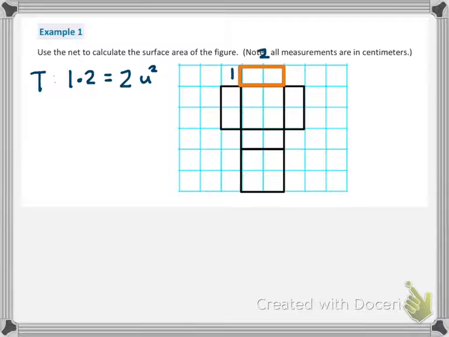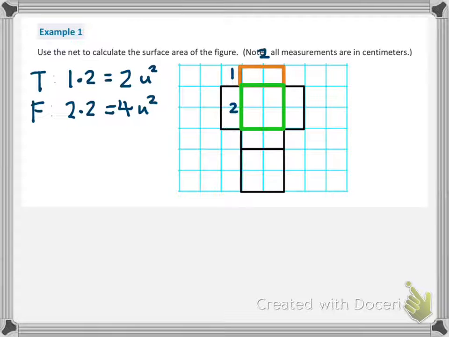And then let's do the next one. Let me get a different color here for us. There we go. Let's say this is the front. Okay, the front is a 2 by 2 rectangle. So the front is going to be a 2 times 2 rectangle, and that's 4 square units. So we've got the top and the front. Let's do the bottom.